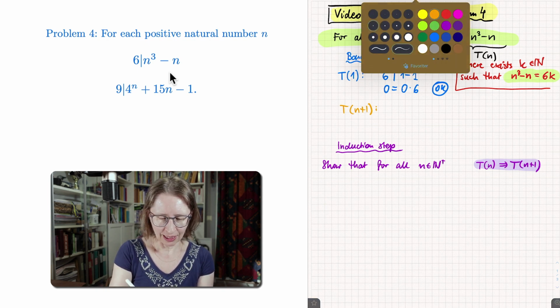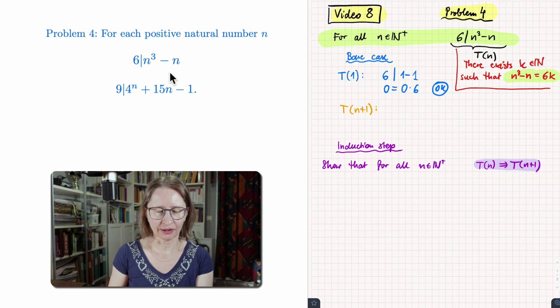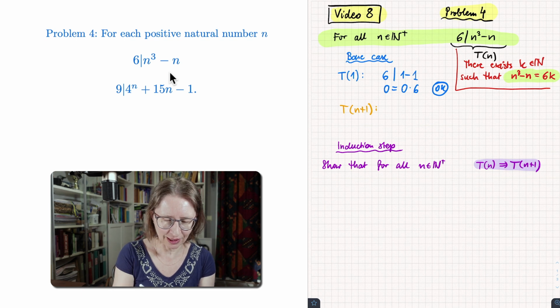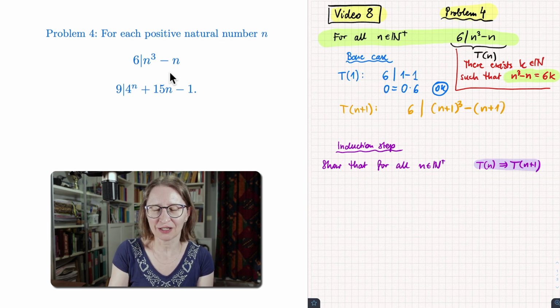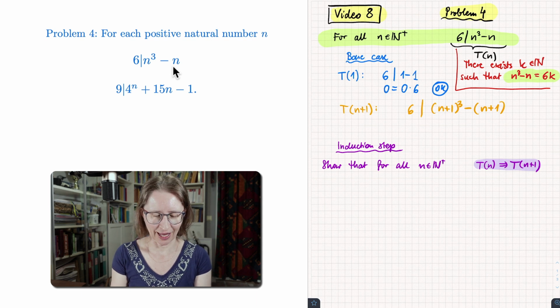Now, let's write the T of n plus 1. What is T of n plus 1? It is that 6 divides n plus 1 to the third minus n plus 1. Right? So we simply take this statement for n and we plug in n plus 1 instead of n.